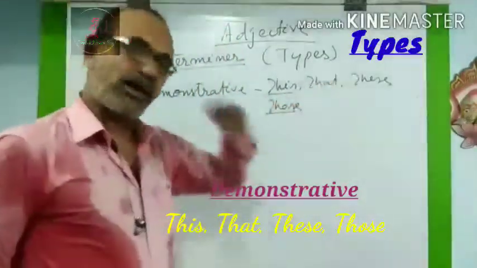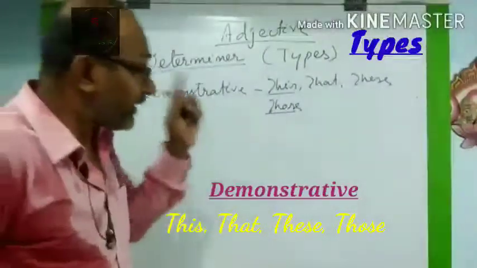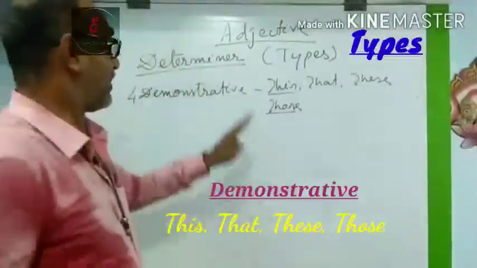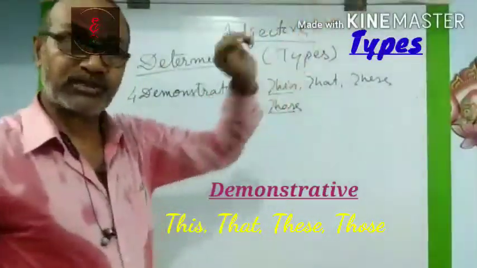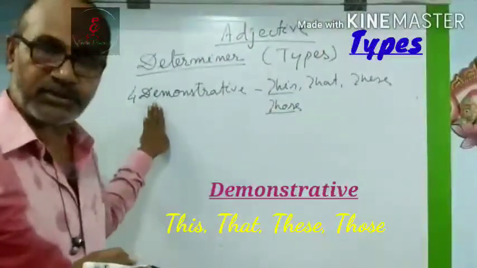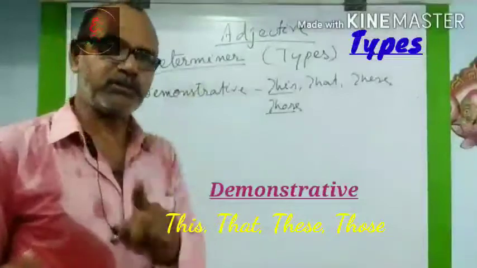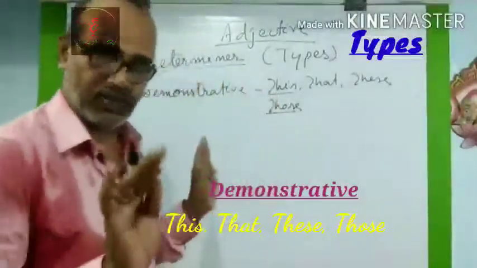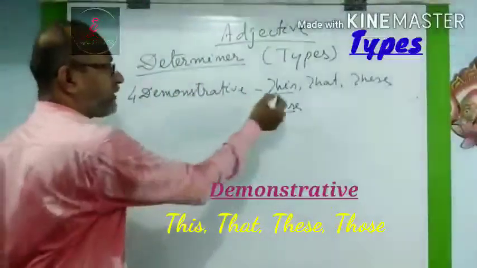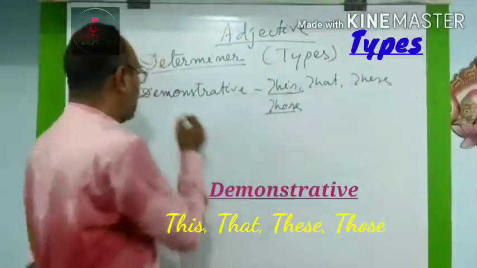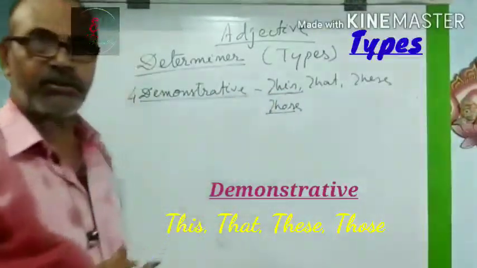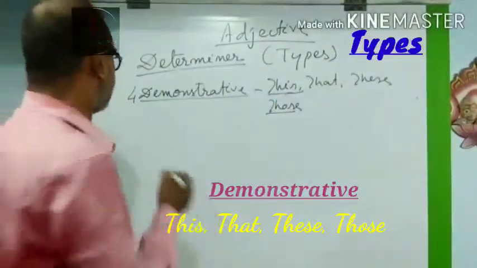All these are pronouns we have already discussed. They are included in the pronoun section, but here under demonstrative, the pronoun use cannot be included because it cannot be used before any noun. So whenever these are used before any noun, that will be called a demonstrative determiner.